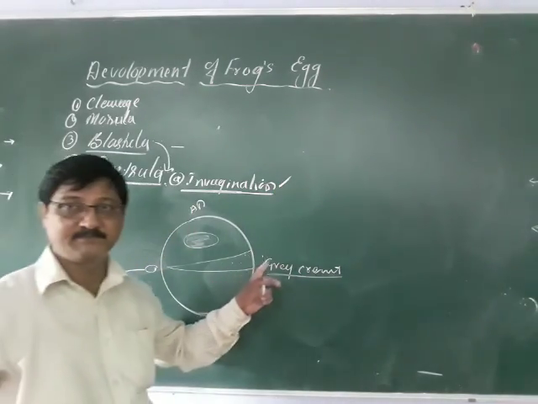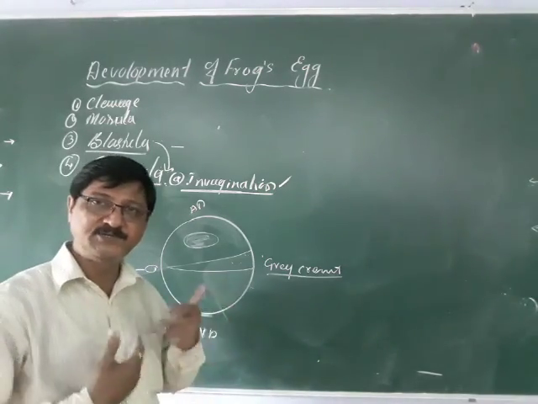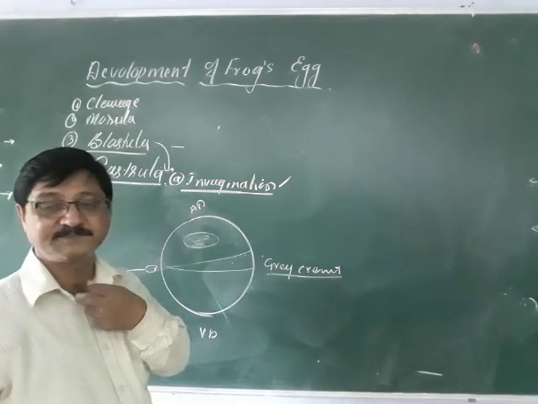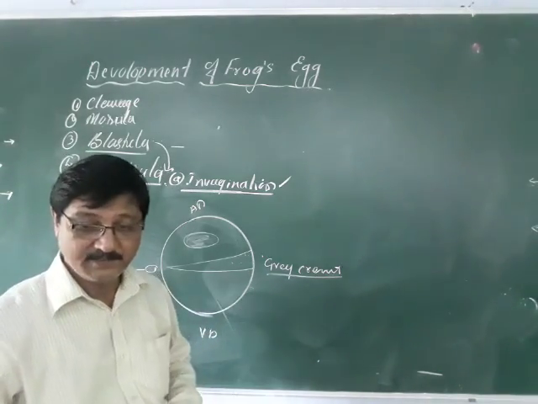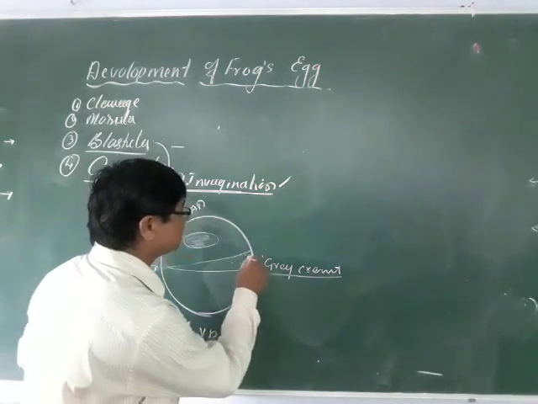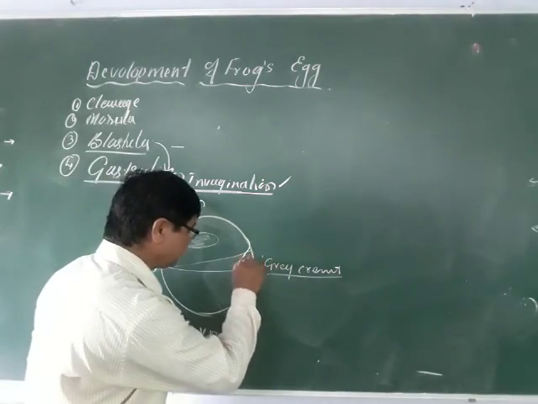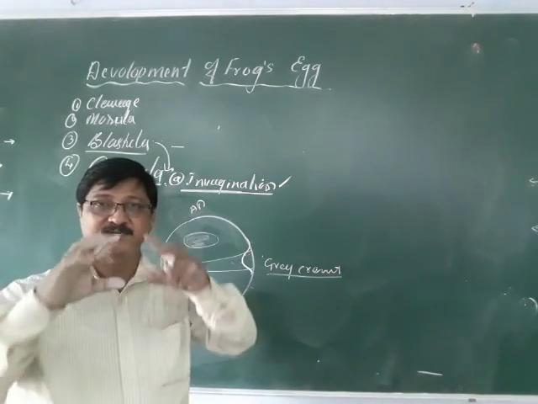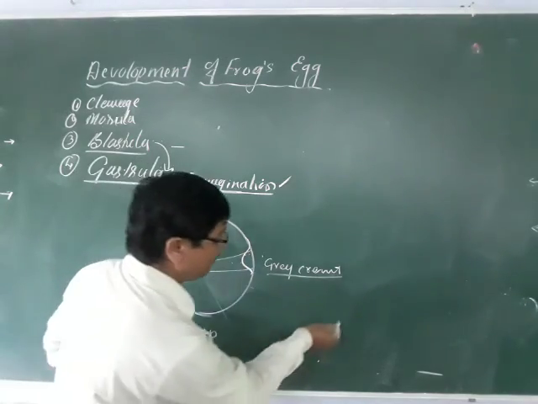As I told in the beginning, it is the continuous process of division. So micromeres and the macromeres, continuous division takes place, and as a result, the invagination means the in-rolling of the micromeres. And actually this is a very delicate space, where invagination takes place. Just consider that you take one ball and with the help of the thumb you push inward, it falls like this.